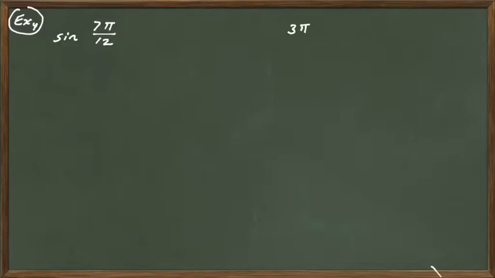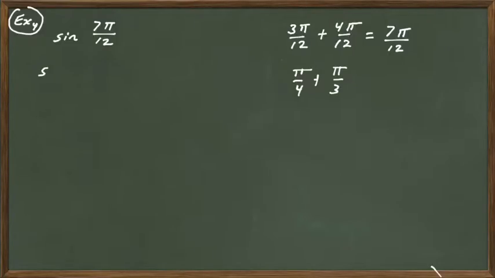What is 3/12 plus 4/12? Would that be 7/12? Well, what does 3/12 simplify to, and what does 4/12 simplify to? So in other words, could this be called the sine of pi over 4 plus pi over 3?